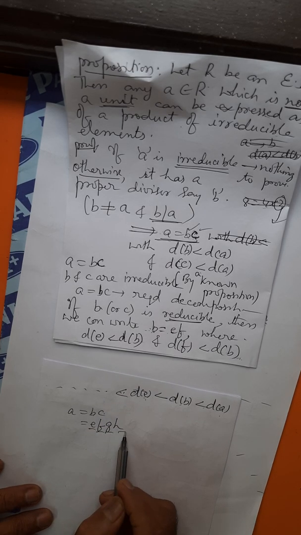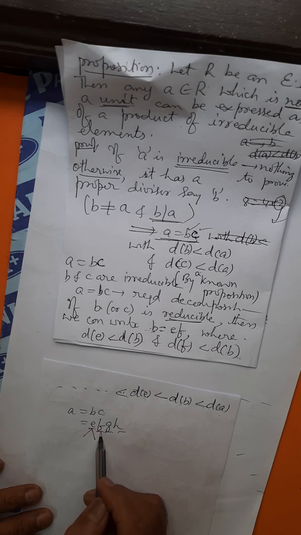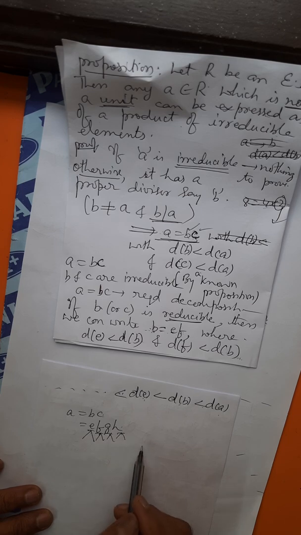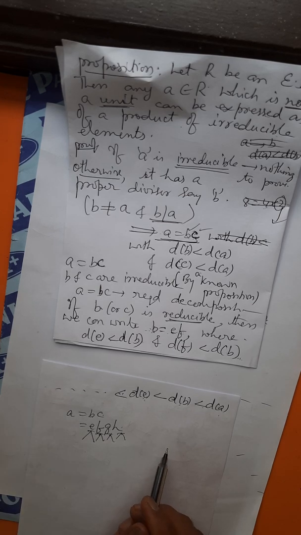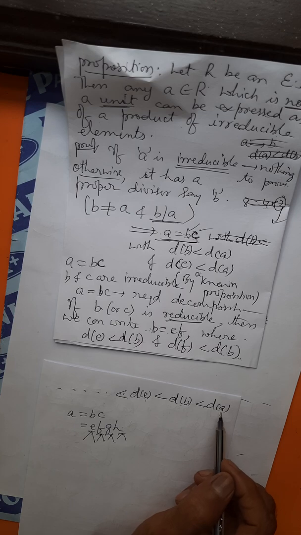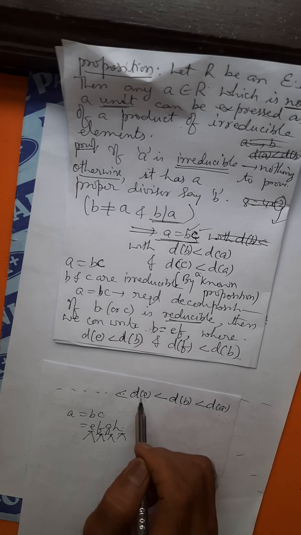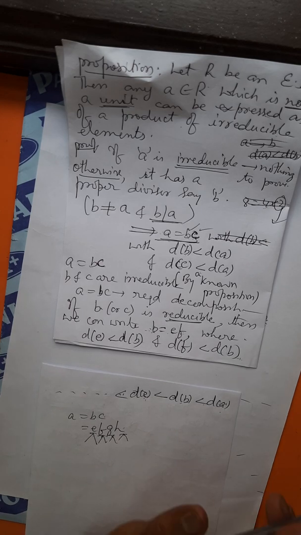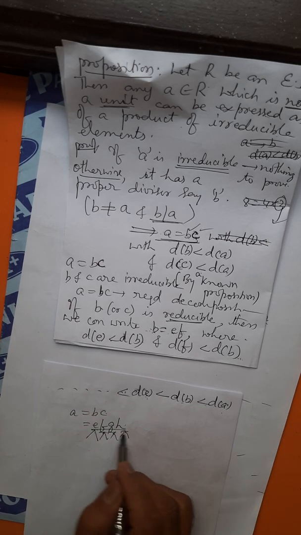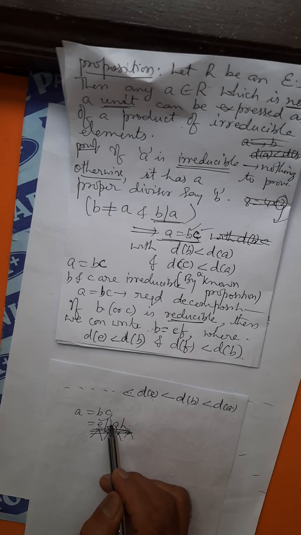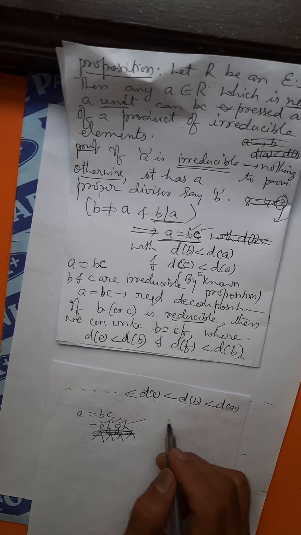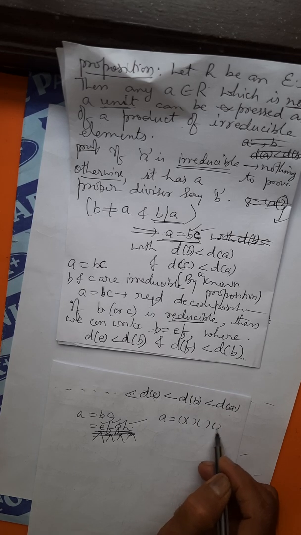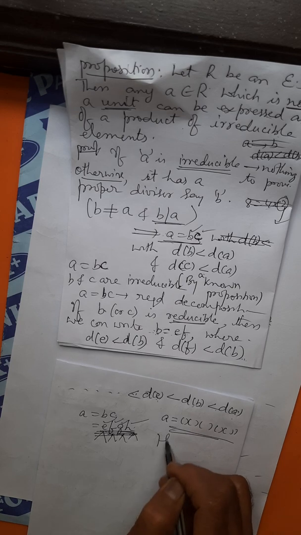Again question on these, and if needed decompose further. Here 4 became 8, right? After I put the statement, since D values of the factors are strictly decreasing, after a finite number of steps, all the factors which are going to arrive here are going to be irreducible. Thus, we are expressing A as a product of irreducible elements. Hence a proof.